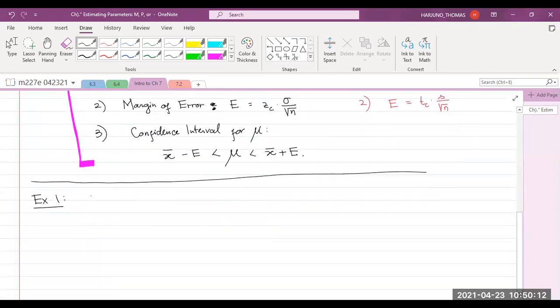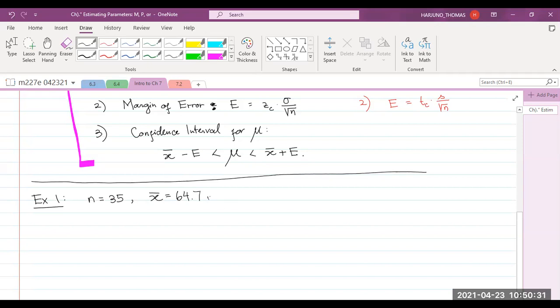Let's say we sample 35 students. It turns out that their average height is, let's say, 64.7.